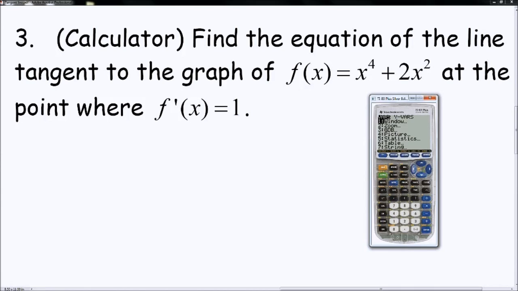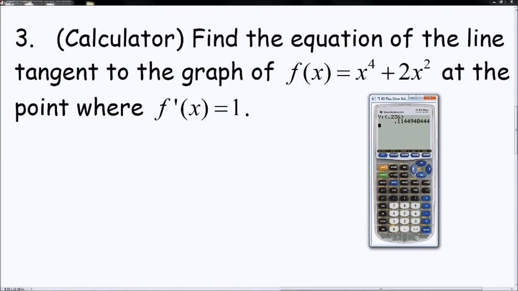So I'm going to go to vars, y1, and plug in 0.236 into my equation. And this will get my y coordinates. Hit enter. And so my y coordinate for my tangent line is 0.114.